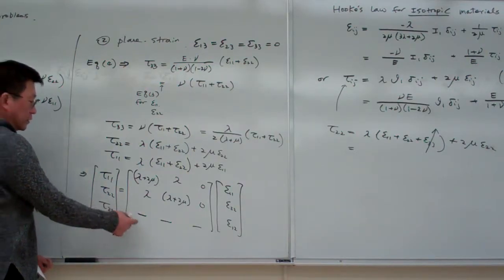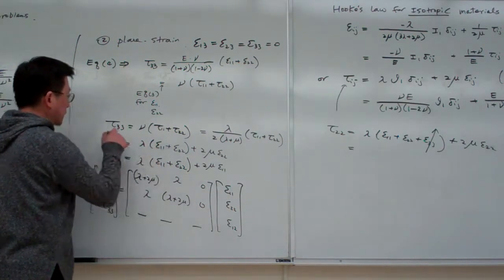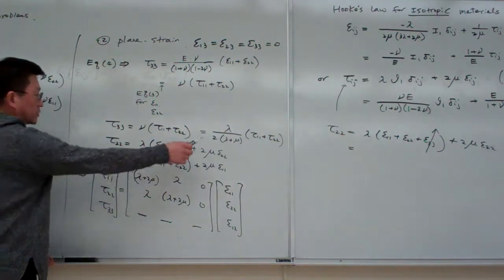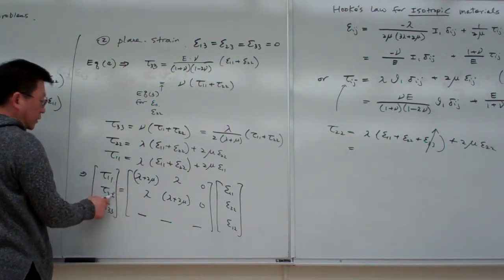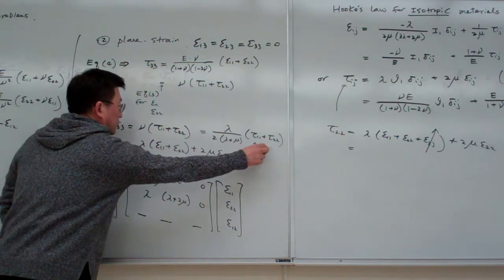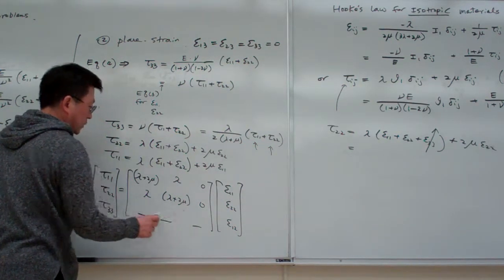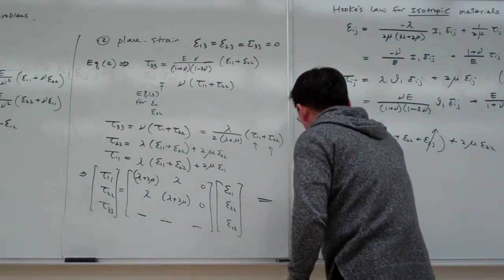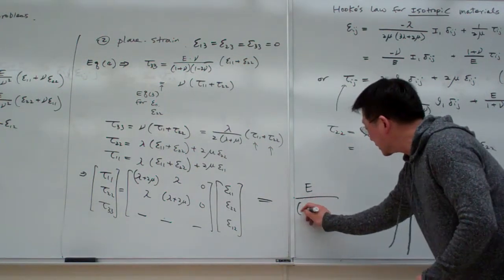Tau 33 equals a function of tau 11, tau 22. Then you further introduce tau 11, tau 22 into here, and you can have the expression. But I do have an equivalent expression in terms of the engineering notations. Let me copy that one here.